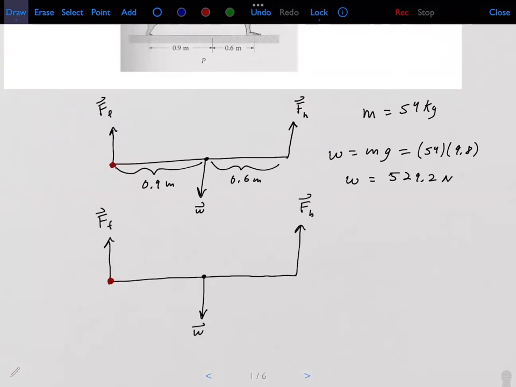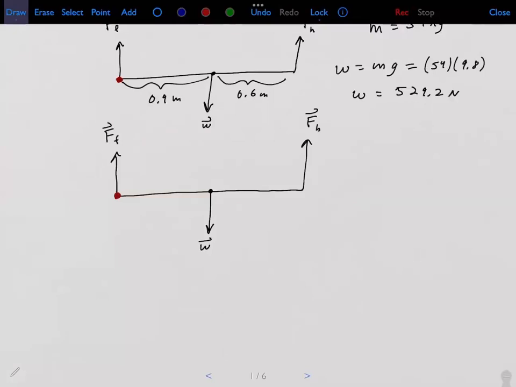I need to figure out the moment arms, because ultimately I want to sum the torques, and they have to give me zero. So I have a torque due to the force on her feet, I have a torque due to the weight, plus I have a torque due to the force on her hands, and that has to equal zero.